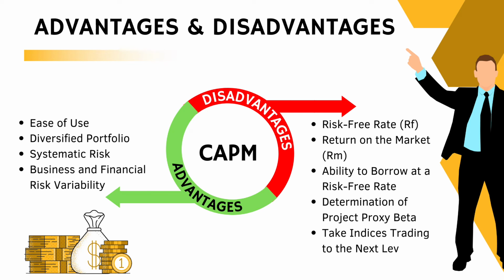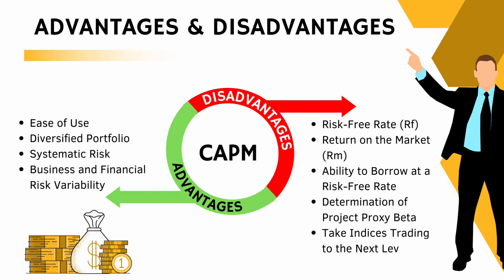The advantages of the CAPM model. There are numerous advantages to the application of CAPM, including ease of use. The CAPM is a simple calculation that can be easily stress tested to derive a range of possible outcomes to provide confidence around the required rates of return. Next, diversified portfolio.